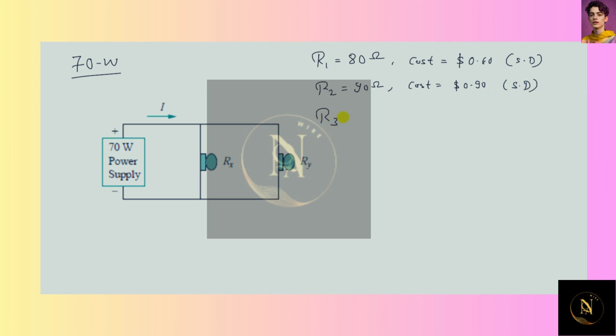The third one is R3, whose resistance is equal to 100 ohm, cost $0.75, and this is non-standard size.